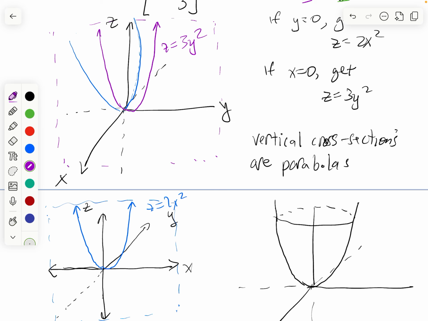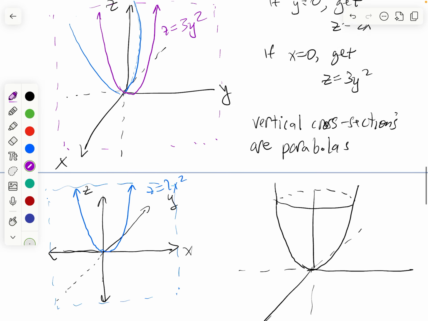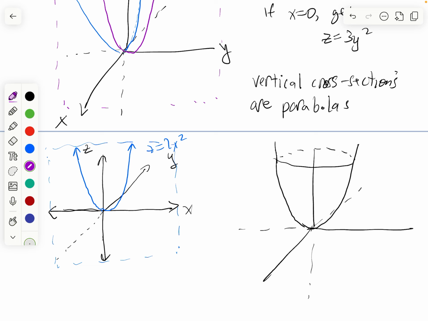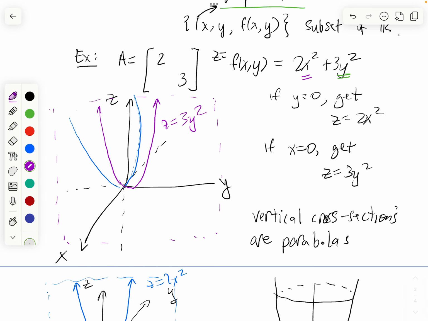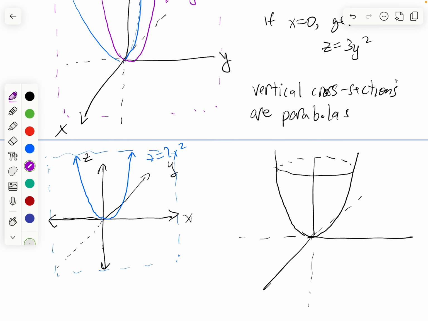So when you view it from the perspective of the xz plane, the parabola you get is going to be wider on this side, whereas if you look at it from the perspective of the yz plane, that's going to be a steeper parabola. So it's like a bowl, but when you rotate it, on one side it's going to be steeper than on the other side. Okay. It's not completely symmetrical.